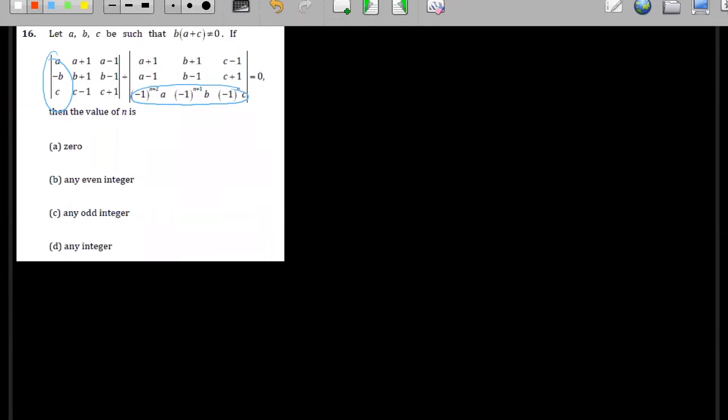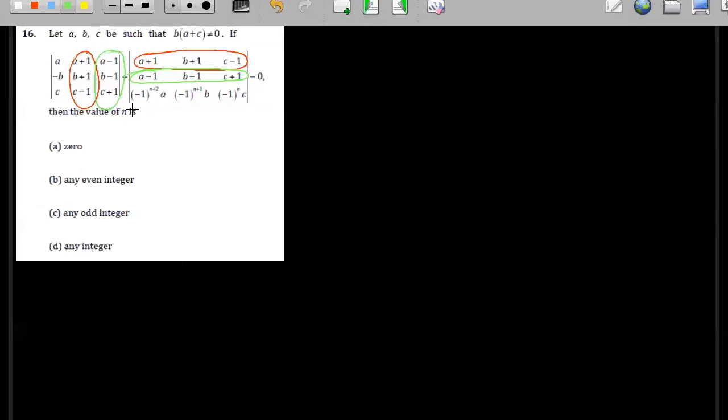So here in the second column of this determinant, we see a plus 1, b plus 1, c minus 1. Here also we have a plus 1, b plus 1, and c minus 1. In this we have a minus 1, b minus 1, and c plus 1. That means if we look at this, these are rows and these are columns.